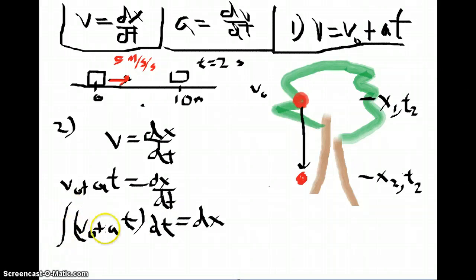Let's integrate both sides, and we have this going from 0 to t, and this is going from x naught to x.